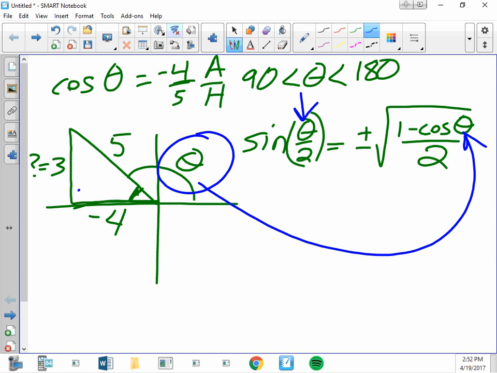Because these divided by 2, you get 45 less than theta over 2 less than 90. So any angle in quadrant 2 cut in half will land in the top half of quadrant 1. So if the angle I'm looking for is in quadrant 1 and it's a sine problem, then it's positive.